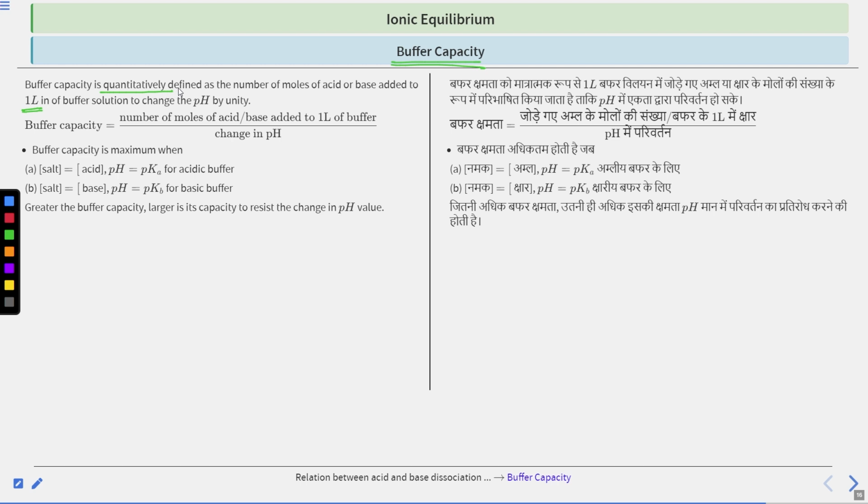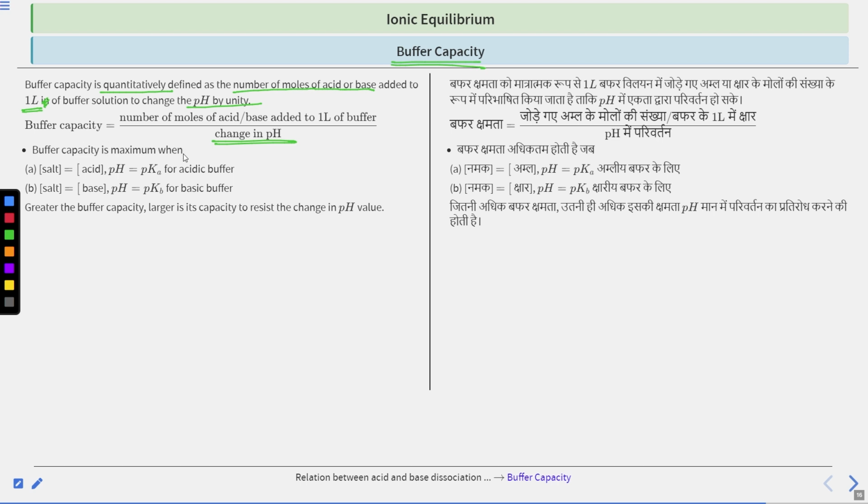Unity means 1. So buffer capacity is equal to the number of moles of acid or base added to 1 liter of buffer divided by the change in the pH.